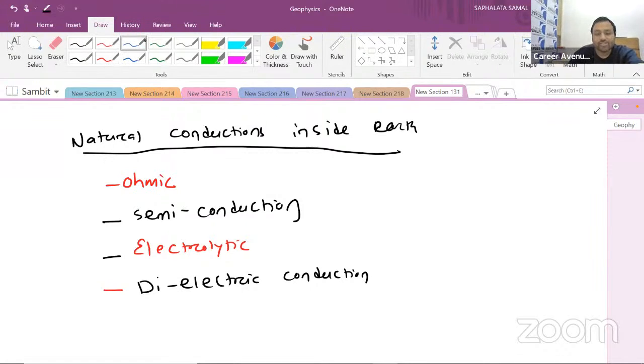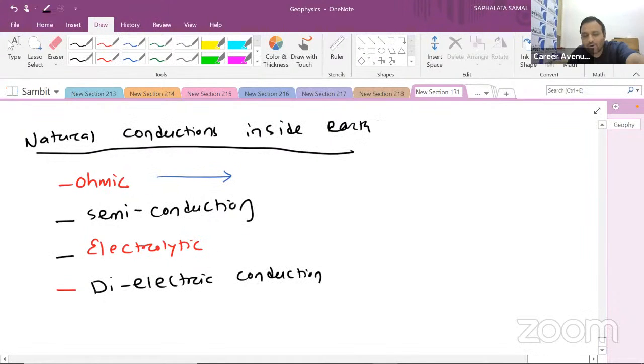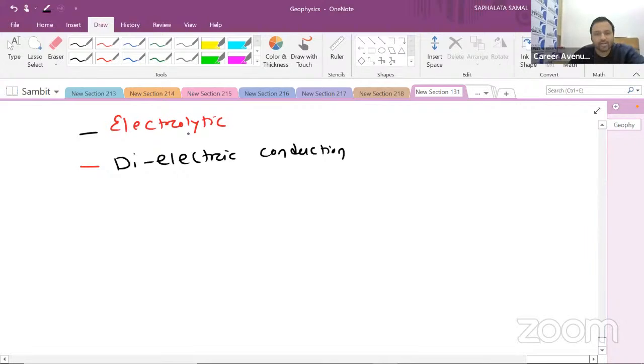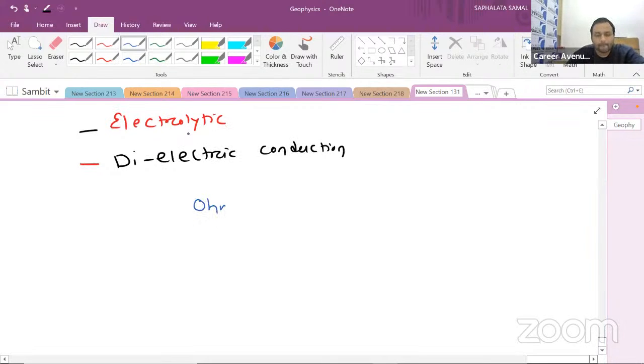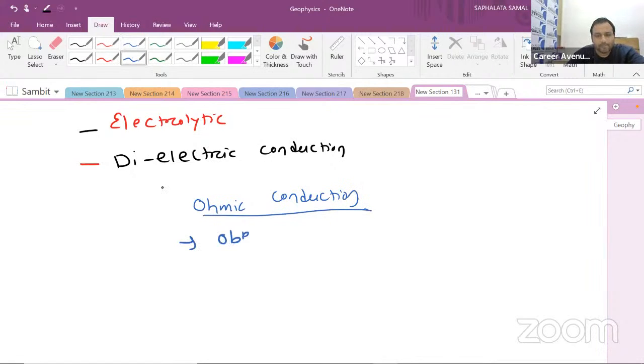Ohmic conduction is basically based upon Ohm's law found in a true conductor. So ohmic conduction obeys Ohm's law, which is V equals IR.